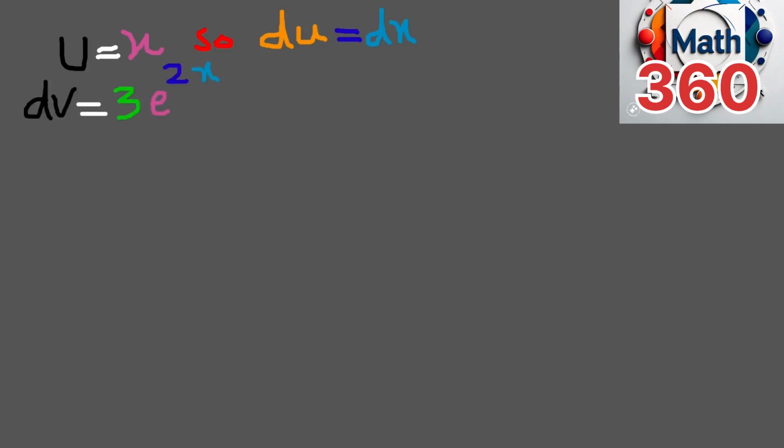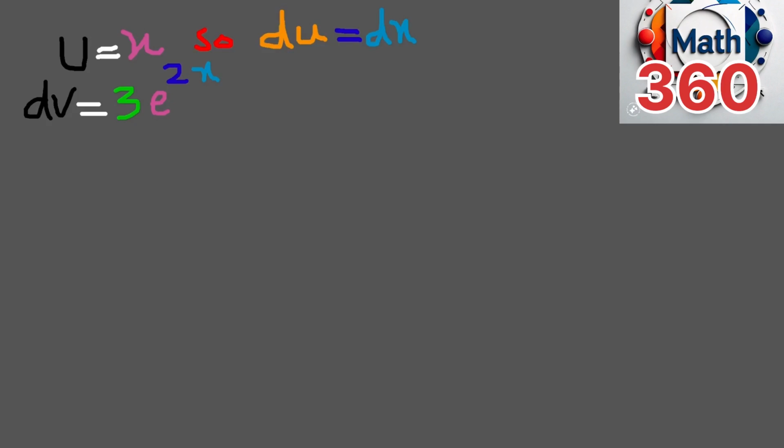First we compute du and v. Differentiating u equals x, we obtain du equals dx. Next we integrate dv equals 3 times e raised to the power 2x dx to find v.